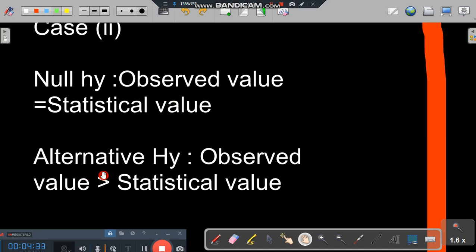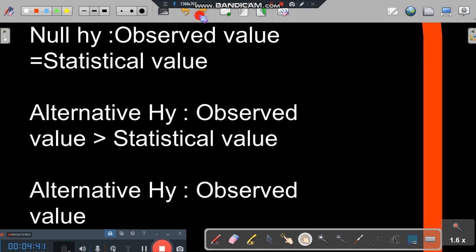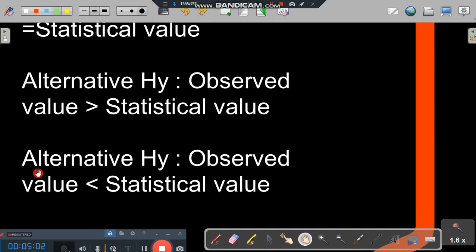There are two chances here. There are two alternative hypotheses. The first one is that the observed value is greater than the statistical value. In the second, the alternative hypothesis is that the observed value is less than the statistical value.